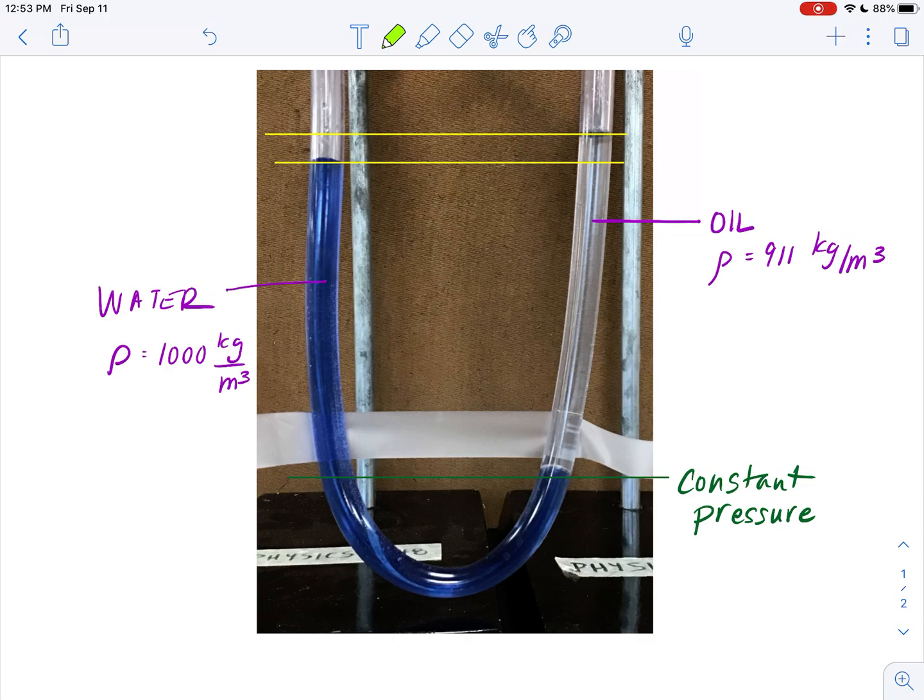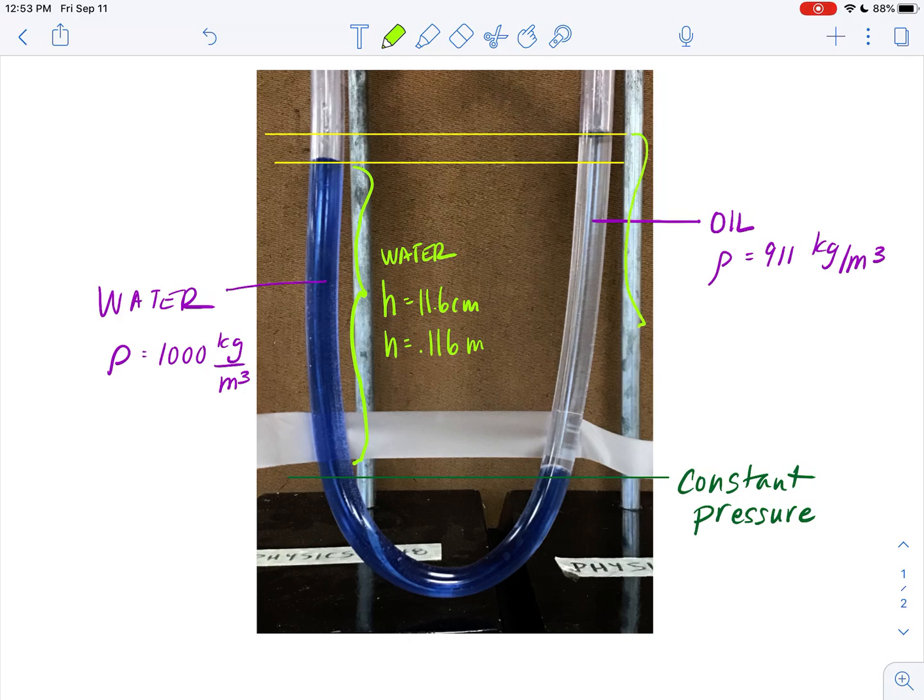What I'm going to do is look at the height of the water column. And I don't have this shown, you're going to have to take my word for it, that the height of this water column is 11.6 centimeters or 0.116 meters. Again, that's for the water. Now I'm going to do the same thing for the oil.